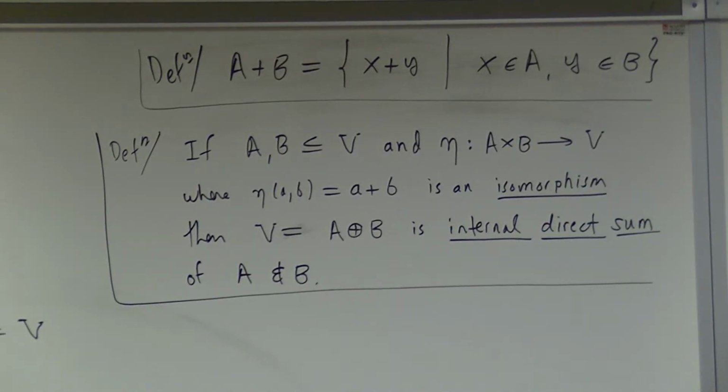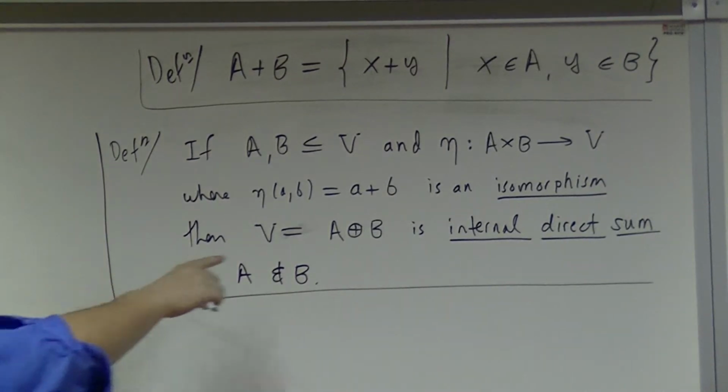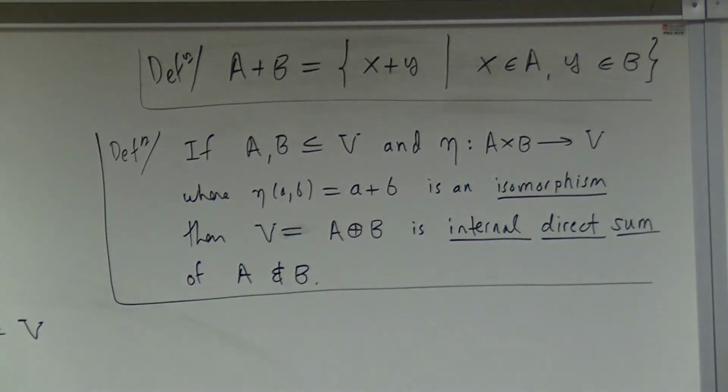I'm using this for internal direct sum, and the external direct sum, the Cartesian product of A and B, I'm insisting, for the sake of logical clarity, that we write as A cross B. Okay, so there shouldn't be confusion.